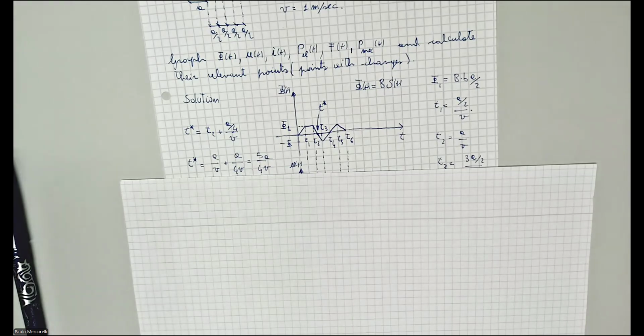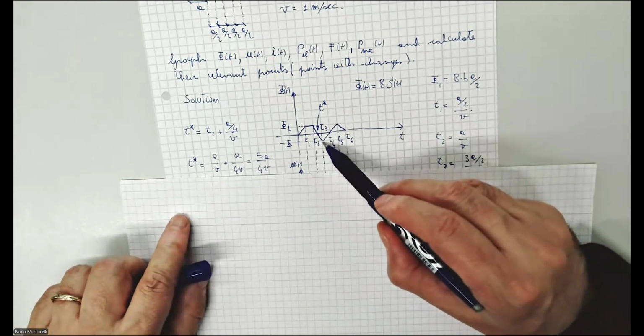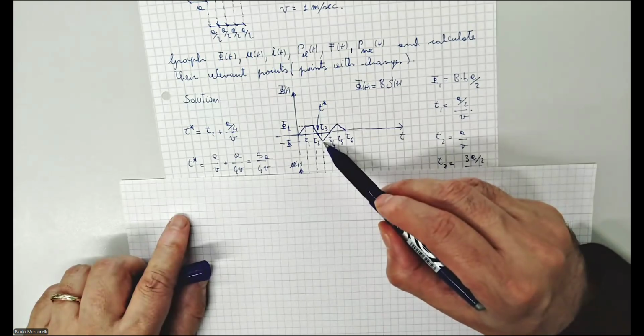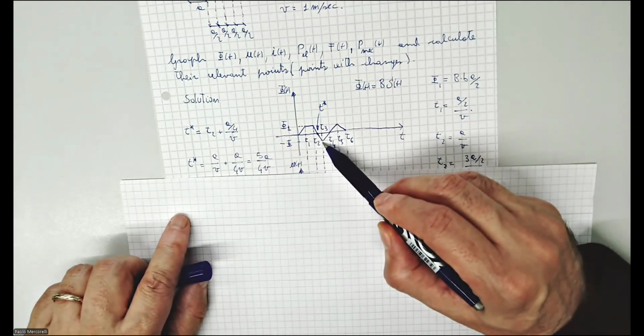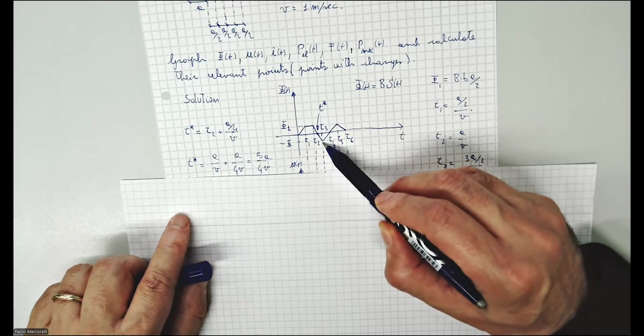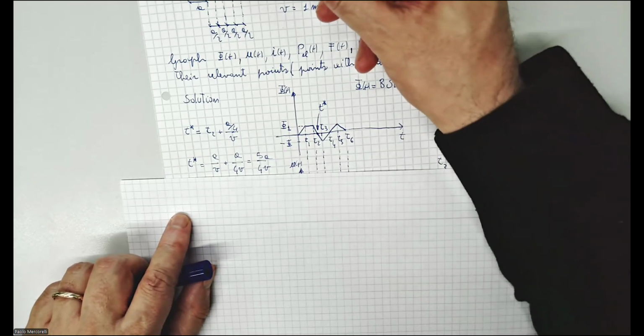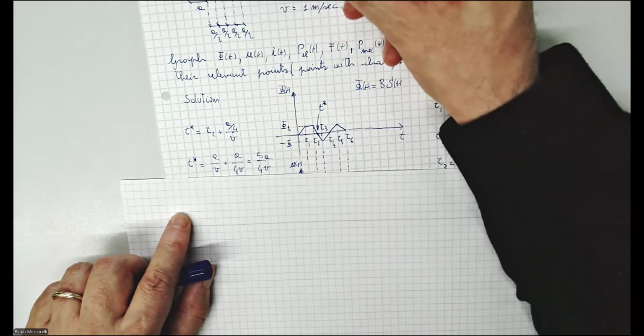This means until, please pay attention, until T3 it is exactly the same, because T3 represents the time when these conductors are at this position.